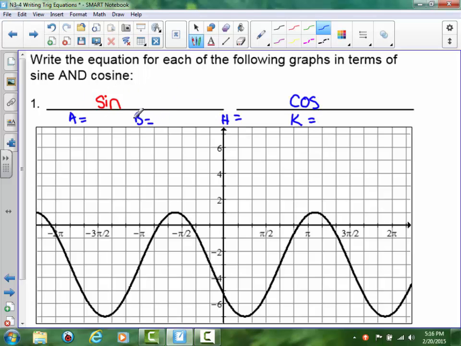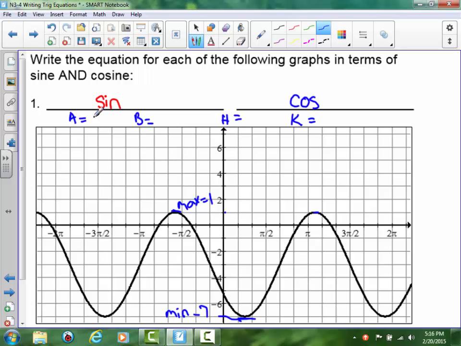All right, now on the previous screen, we had a is equal to the max minus the min divided by 2. Okay, so my maximum point, these are all the same height, that's at 1. So my max is 1. My minimum value is down here, that's -7.